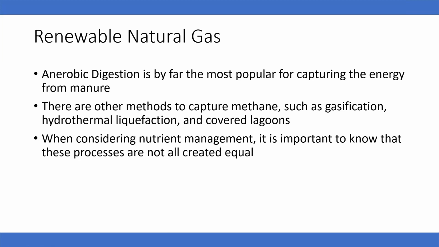But not all of these processes or developers are created equal. So the biggest thing is understanding the size of your farm, your limitations. Typically, we're seeing digesters put on larger dairy farms. It's not typically suitable for a 200 head dairy. And we don't see a lot happening in the swine industry as well. Next slide.